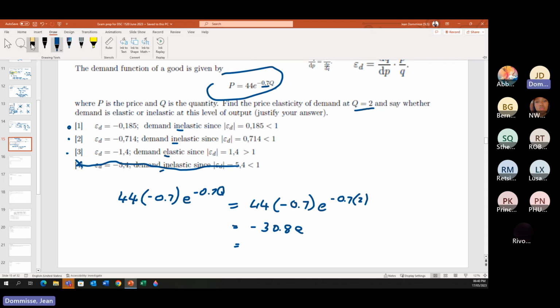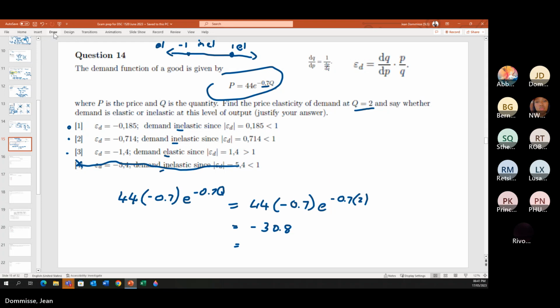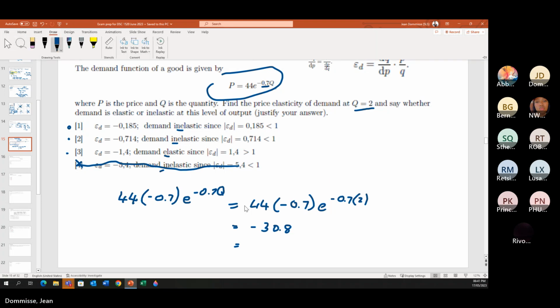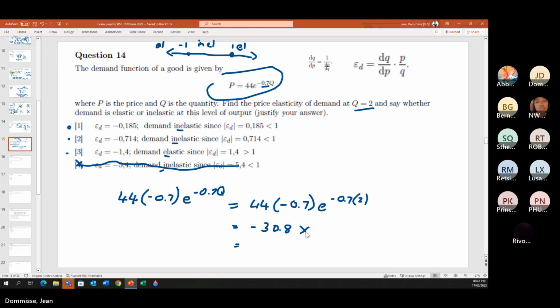So by working that out, I get 0.2466. So I get minus 7,5952.